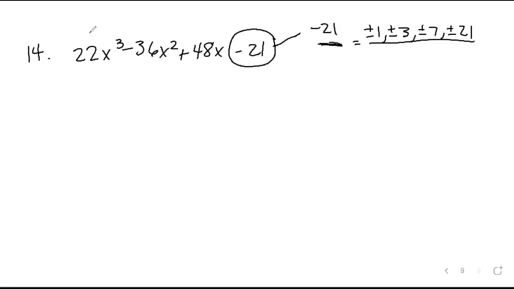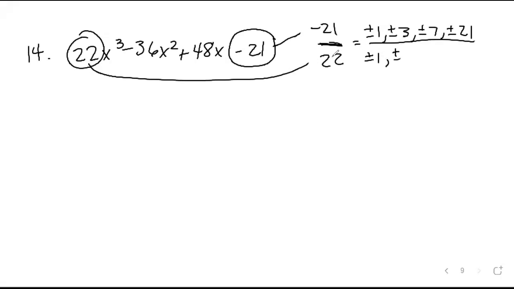Then you look at all the numbers that would go into the first coefficient, in front of your biggest exponent. So 1 will go into 22, 2 will go into 22, plus or minus 11 will go into 22, plus or minus 22 will go into 22. And that's it.